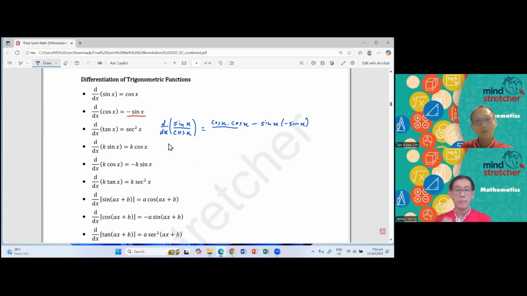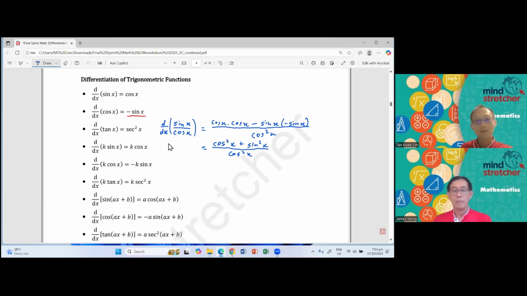And then over v square. V square, that means it's cosine square. Okay, so which means to say that this is going to give me cosine square x plus sine square x over cosine square x.